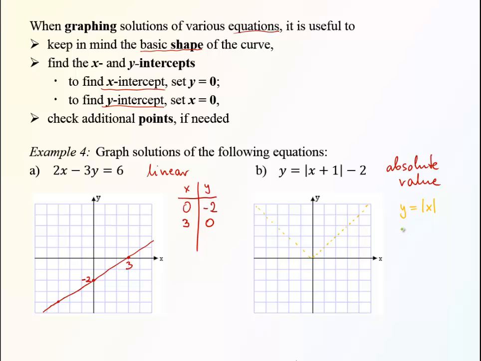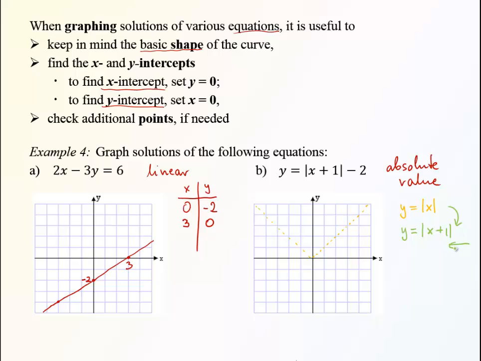Now, to obtain a graph of a function that is a little bit closer to the desired one, for example, absolute value of x plus 1, what kind of transformation do I need to perform from here to there? Well, if I add something to x inside the function, then I'm actually moving the original graph one step to the left.